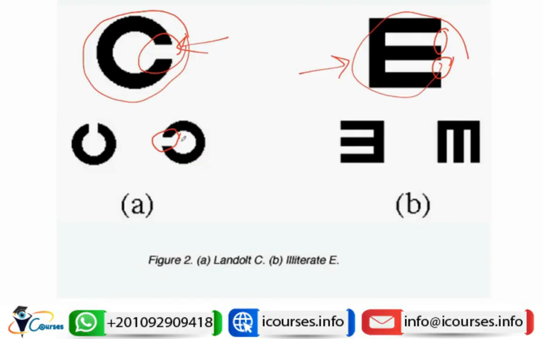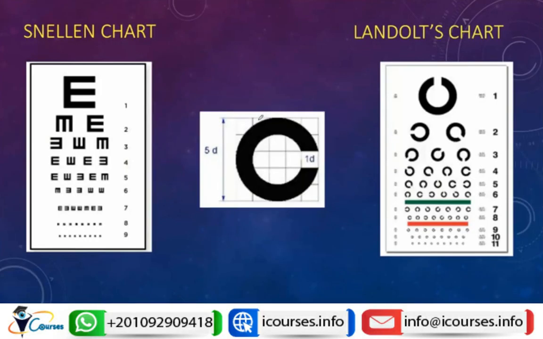So this gap will subtend an angle of 1 minute of arc, so that the patient will be able to see the black and white lines as separate. This is called the Snellen chart, and this is called the C chart or the Landolt-C chart. So the patient's task is to tell where the gap is.